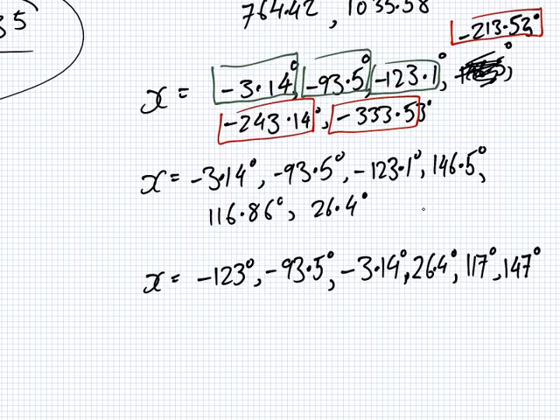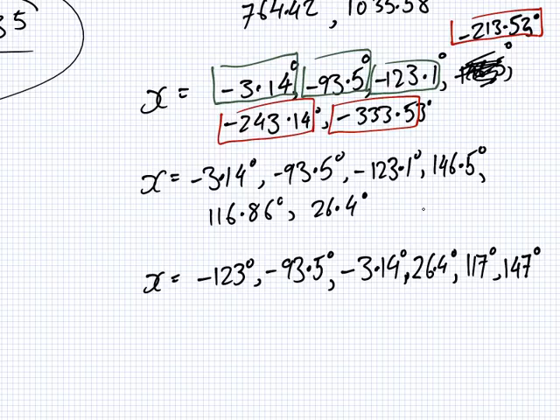Yeah, so around about minus 94, 93, 94 should be an answer. So if I scroll down, you can see here it is. There are the 4 answers. So somewhere around about here is an answer. The next one is about minus 3, minus 4 degrees. So if I keep scrolling down, you can see again, here it is around about here, at about minus 3 degrees. The next one is 26.